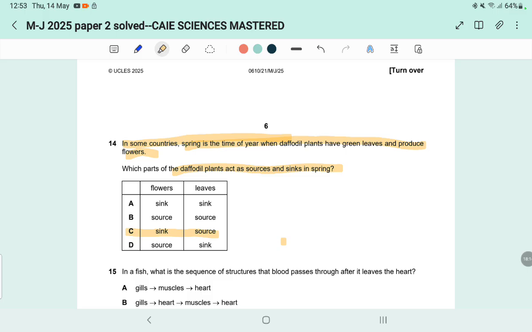Are the flowers the ones who carry out photosynthesis in the spring? They don't carry out photosynthesis. Flowers in the spring, there is less sun. And leaves are acting as a source, because the leaves are the ones carrying out photosynthesis in spring. Flowers do not carry out photosynthesis, never ever. Flowers do not even have the pigments.